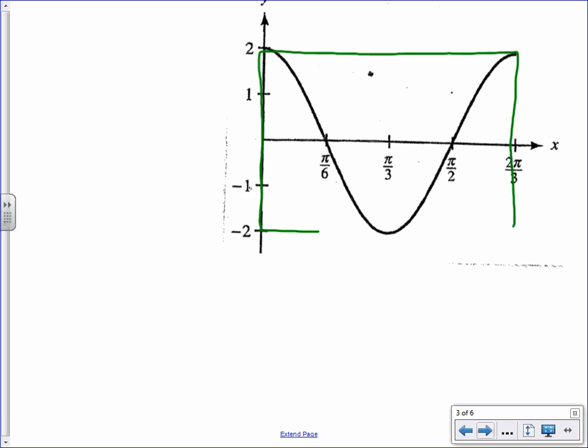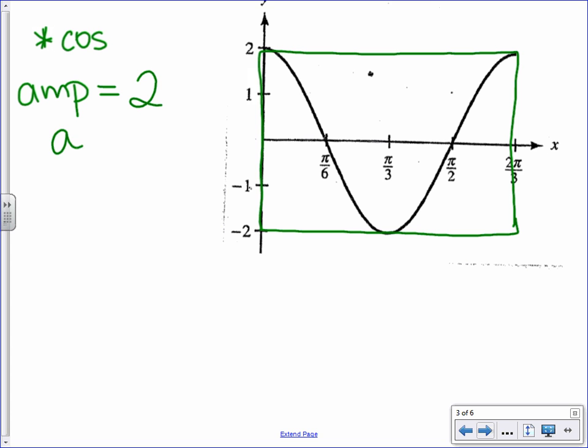First of all, is this a sine or a cosine curve? It's a cosine curve, so I'm going to make a note of that. What is our amplitude? 2. We go up 2 and down 2. So our amplitude is 2, which means A is 2.